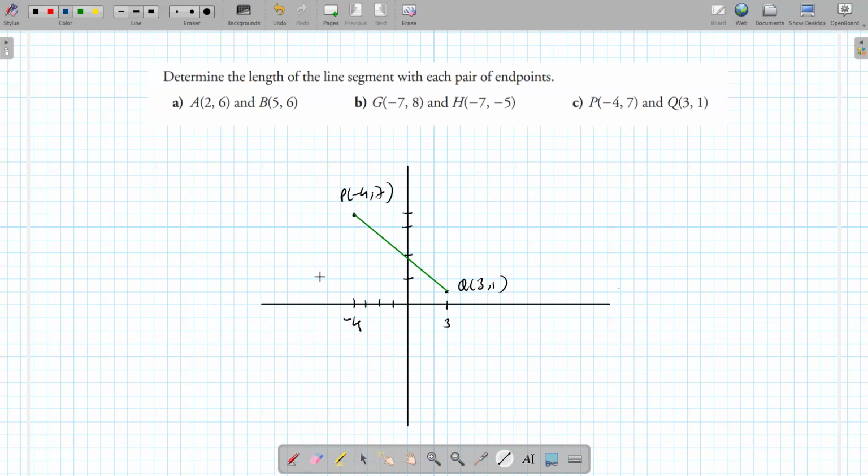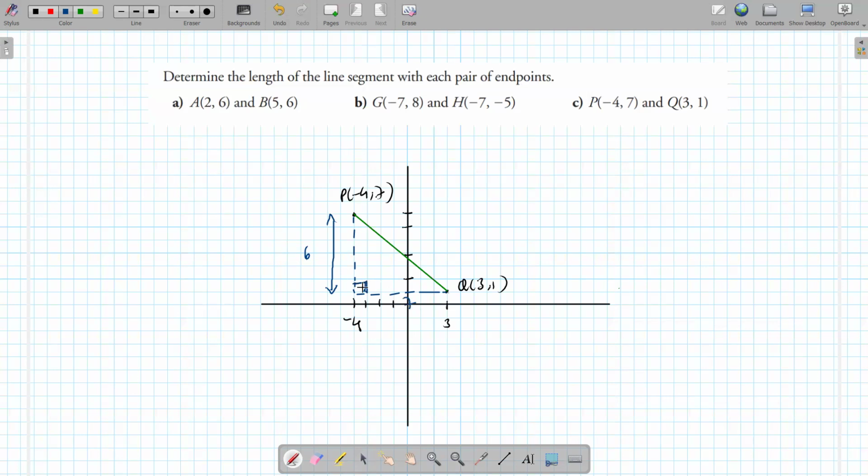So what you need to do with this one is turn it into a triangle. Something like this. What's the height of this triangle? 6. What's the base? 7.